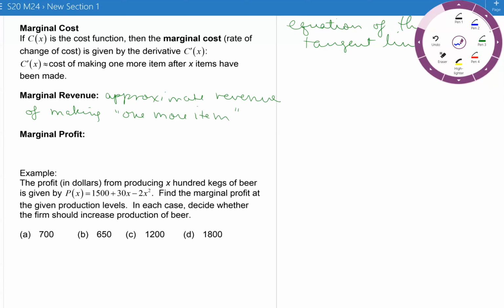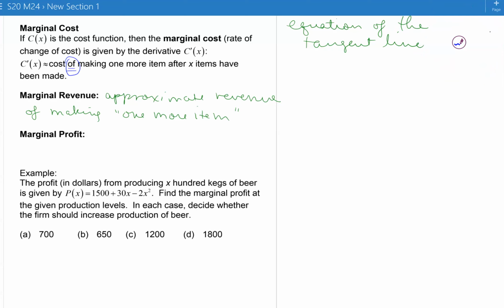And notice that you have a cost of making items, cost of or cost for, whereas you get revenue from. So it should be the approximate revenue from making one more item. And then marginal profit would be the approximate profit from making one more item.